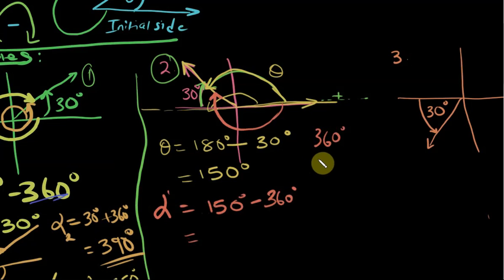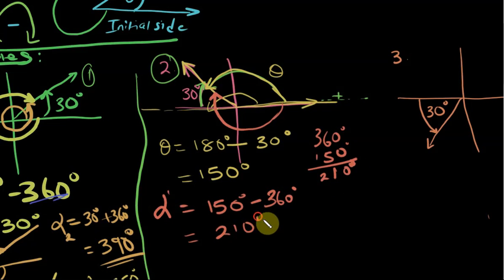360 minus 150: 0 minus 0 is 0 degrees. 6 minus 5 is 1. 3 minus 1 is 2. That gives us 210.